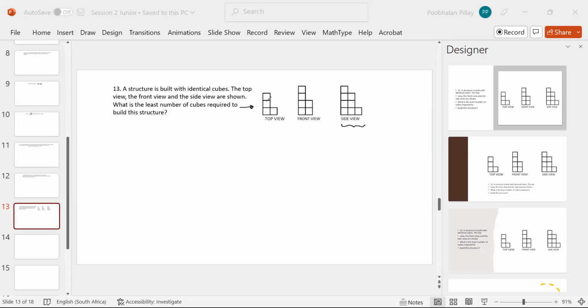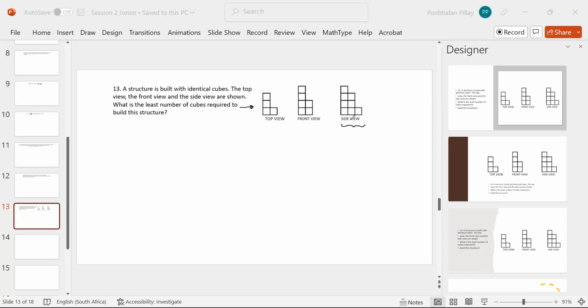He sees 3 here and he sees 1 here. He's looking at this view here. What does he see? You can see these 3 in front, but they are rising because there are any number of cubes above this.